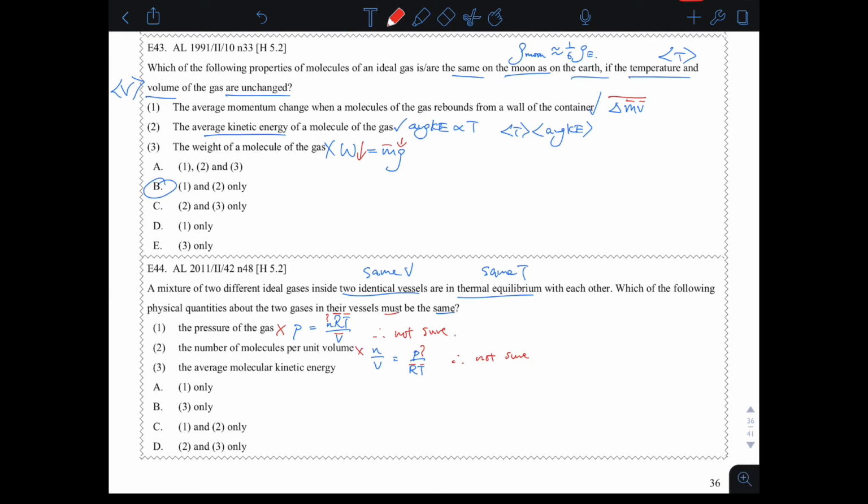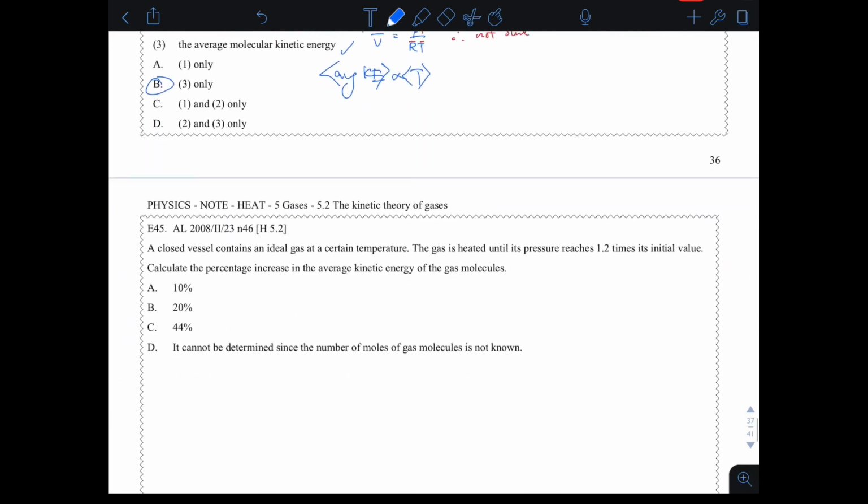Then this is not a must to be the same. Lastly, the average molecular KE, that must be okay, because the average KE is directly proportional to T, and they have the same T, so they must have the same average KE. So the answer is B here.